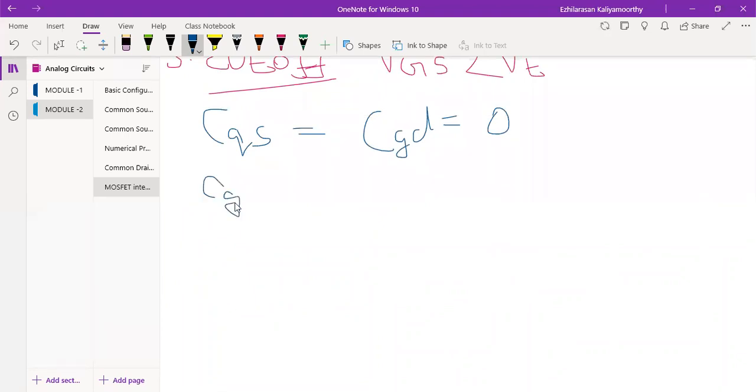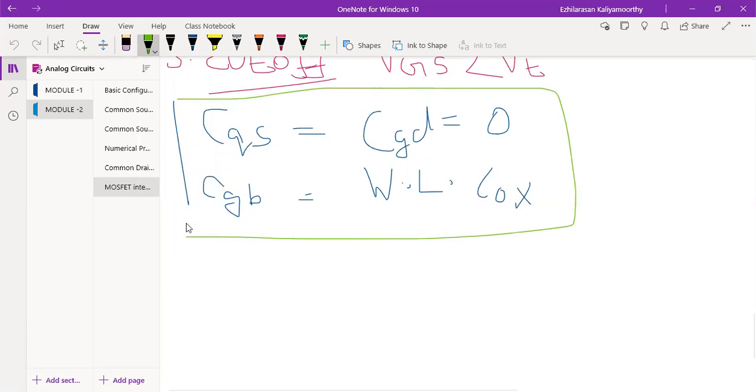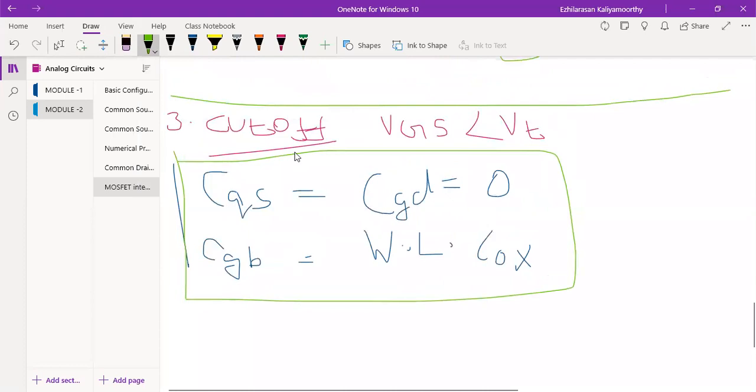Then what about CGB? The CGB will be WL into Cox. So this will be the expression for CGB in the cutoff mode.